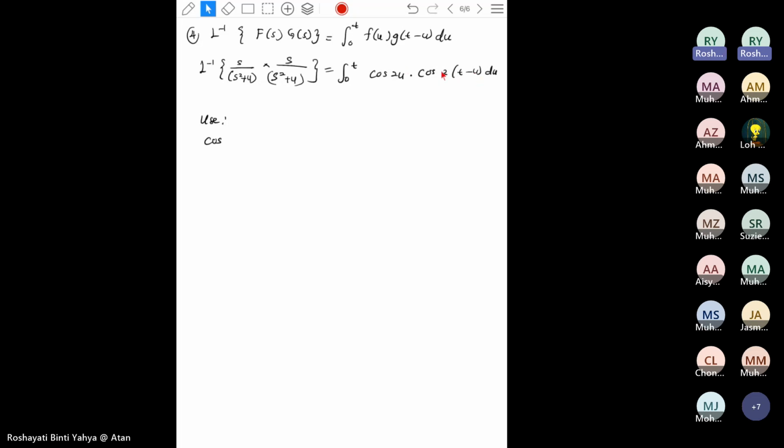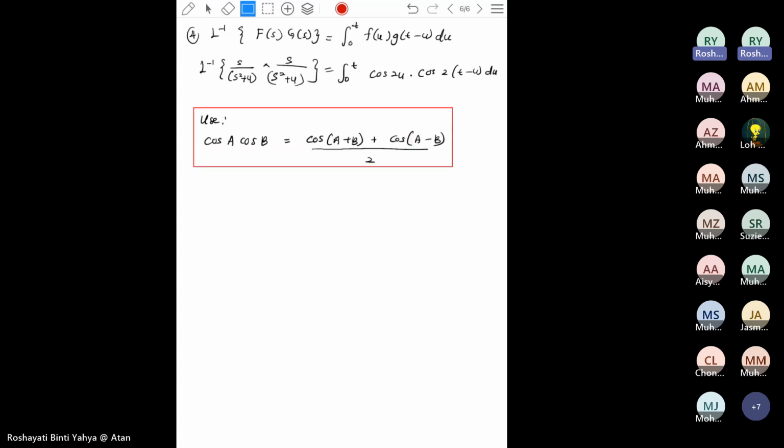So you have cos A cos B. Cos A cos B equal to cos A plus B plus cos A minus B over 2. Azan, try, continue. Continue. I stop because now Azan here.